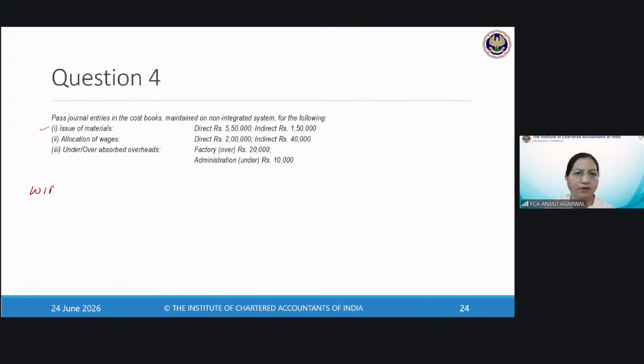It is work in progress account debit to stores ledger, 5 lakh 50,000. And indirect material, assuming it to be production overheads. So production overheads control account debit, 1 lakh 50,000 to stores ledger control account.